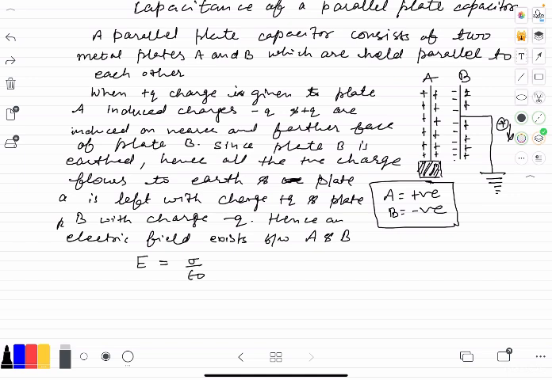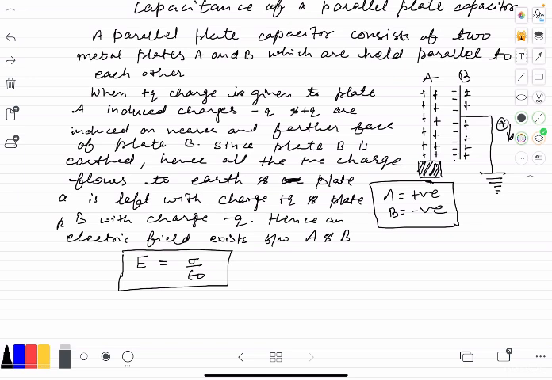In chapter 2, we have already done it, the electric field between two metal plates. So it is E is equal to sigma upon epsilon naught.